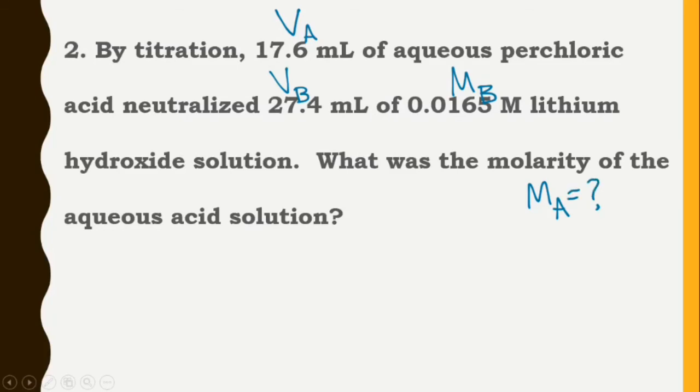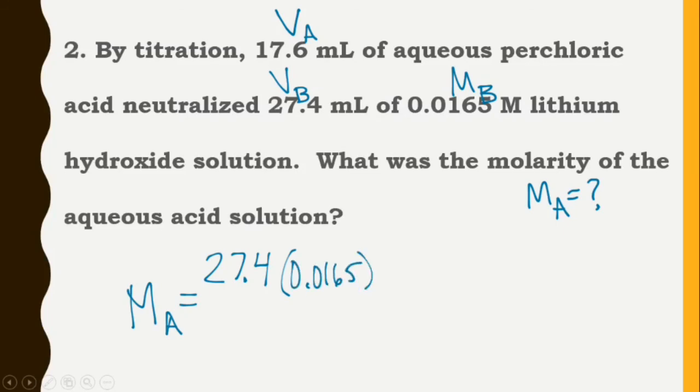So I'm not going to bother rearranging my equation, partially because it's the same as before. I'm still solving for molarity of acid. But because I'm just going to take those two numbers that both go to the same solution. So once again, it's the base, two base numbers divided by the one acid number that I have.